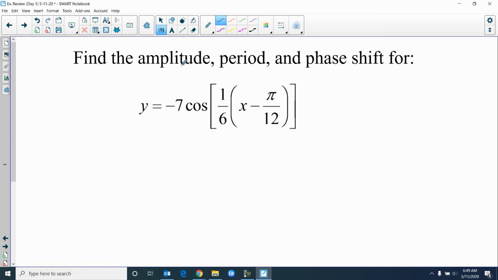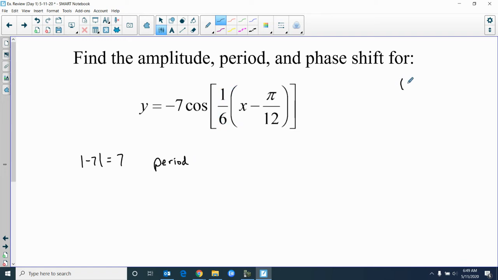Just find these. Well, amplitude, remember, take the absolute value of that constant in front. That is 7. So that's the highest and the lowest it goes. Period. Now remember, this has to be factored out already, that constant.